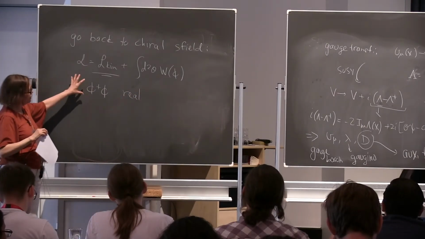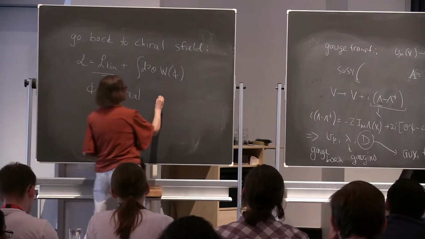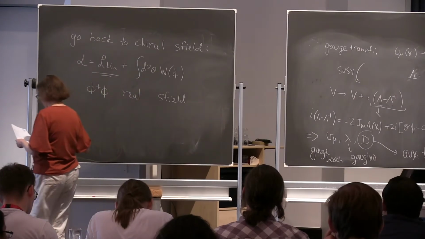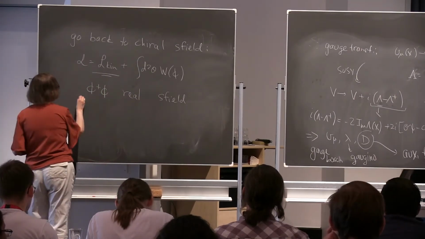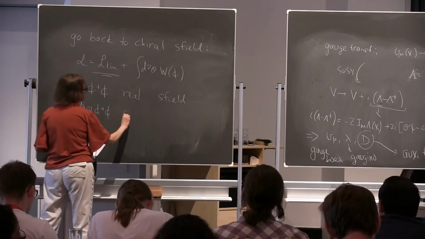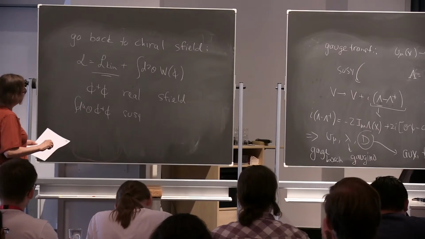So if I start with a chiral field, phi dagger phi is going to be a real superfield. And so I know that d4 theta phi dagger phi is supersymmetric.